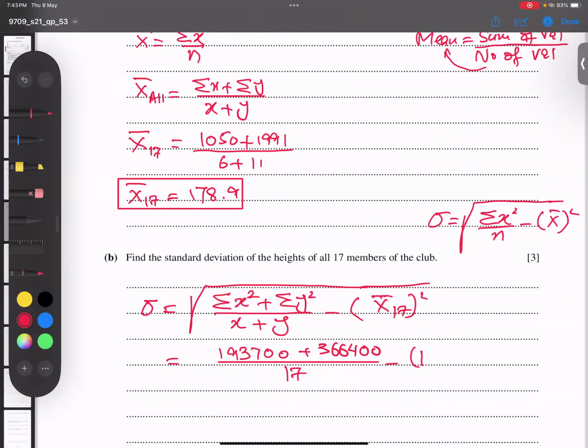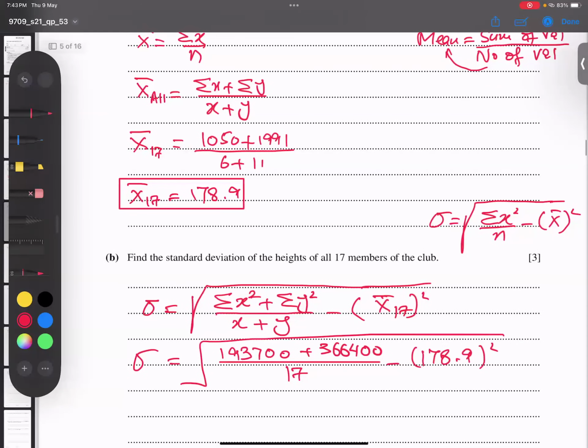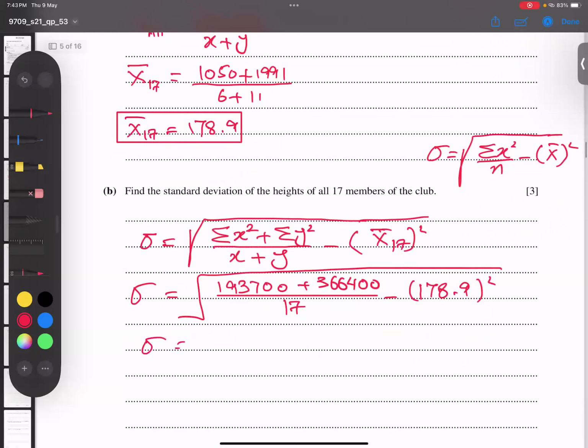And now it's just a matter of typing it into the calculator. 178.9 is the square of that. Let me recheck. Yes, I think I plugged in the values right. Now students, if you type this in the calculator, it is giving us 560100 divided by 17, minus 178.9 whole squared, and the root of the whole thing.